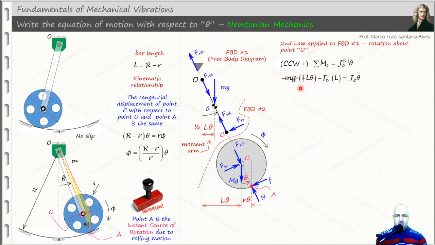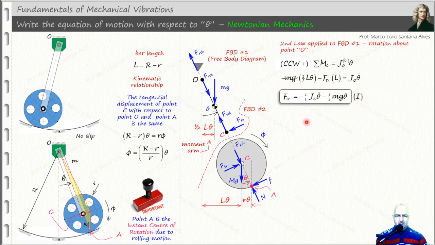The same way for the tangential force applied to the free end of the bar. The moment arm for this force is L itself. Okay, this is equal to the mass moment of inertia times the angular acceleration, theta double dot.